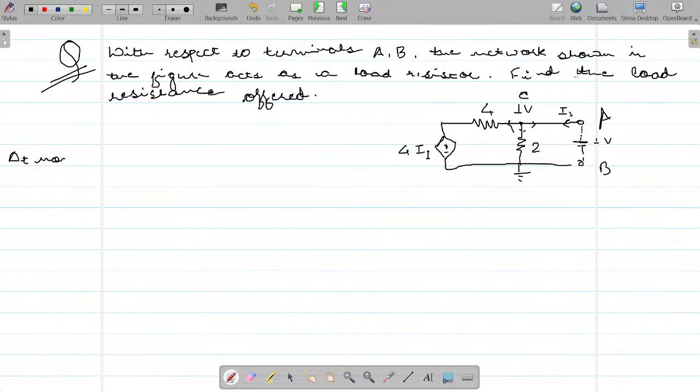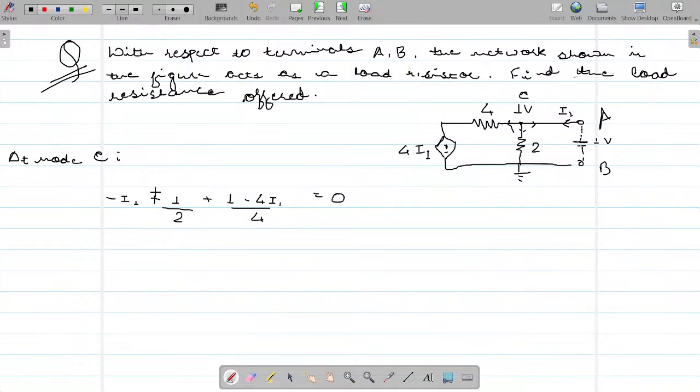At node C, can I write minus I1 plus 1 volt divided by the resistance 2, since the potential here, 1 volt, is already given to you, plus outgoing current we are assuming 1 minus 4I1, the potential here is 4I1 divided by 4, is equal to 0.